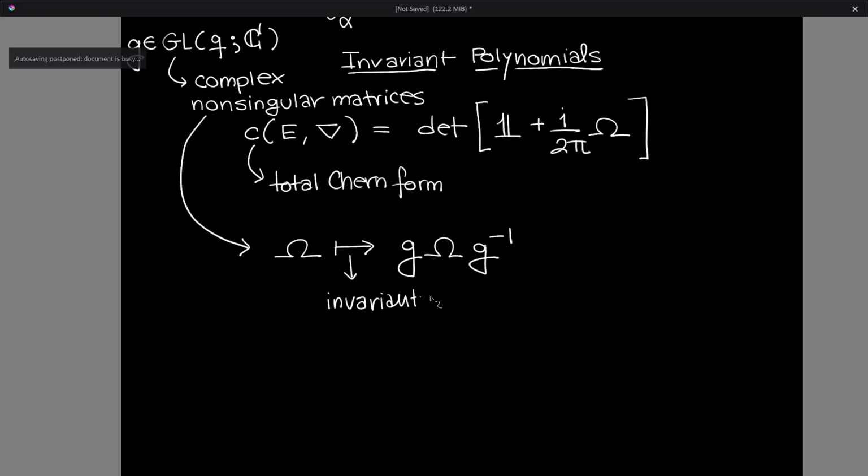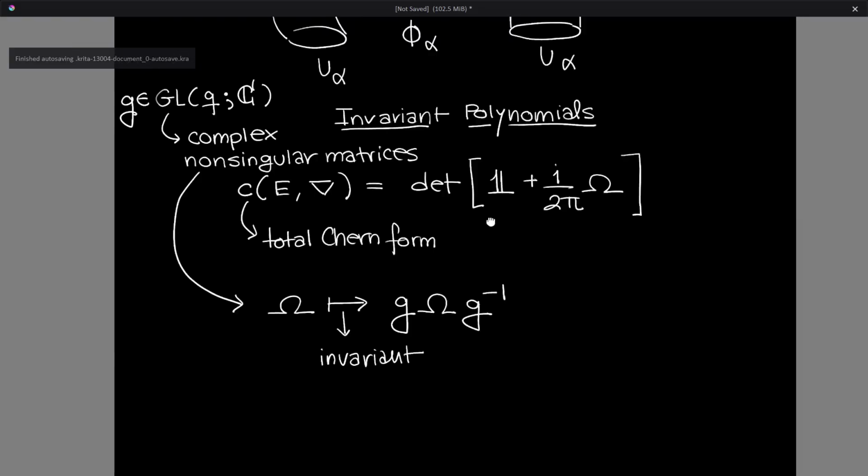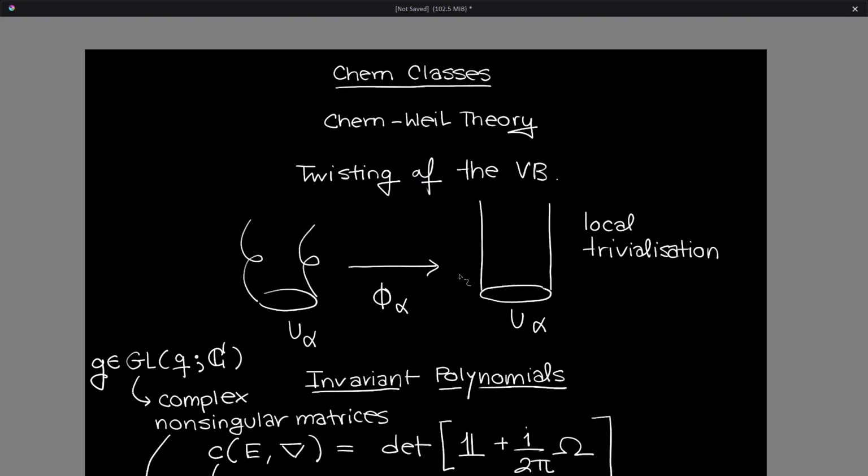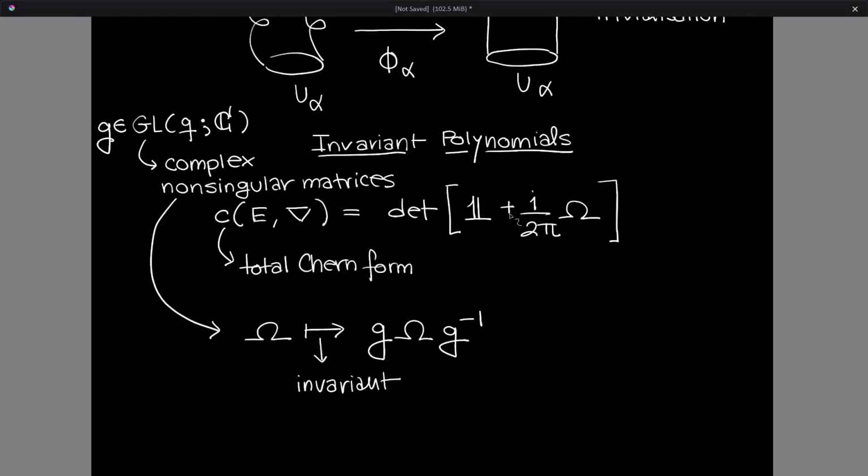And the polynomials that are invariant under this transformation create these topological invariants. The reasoning for that would require you to get into Chern-Weil theory, which we don't have time for, but that's the idea. And so this is that polynomial.